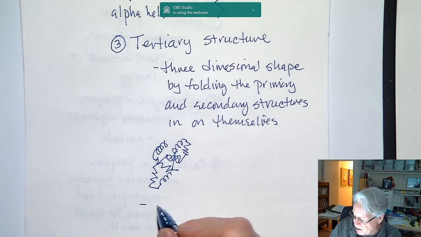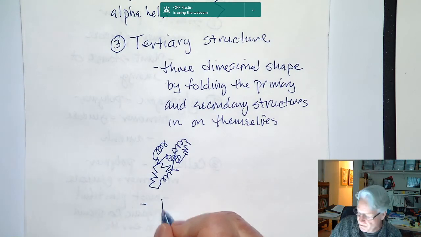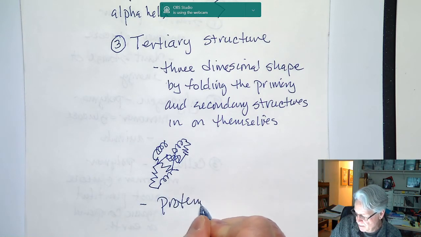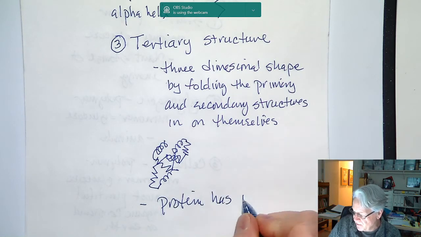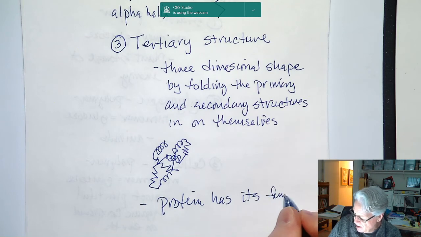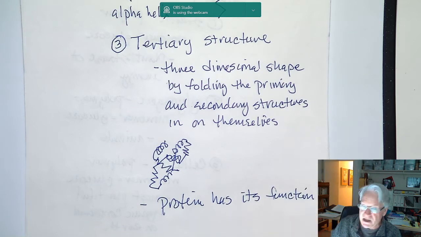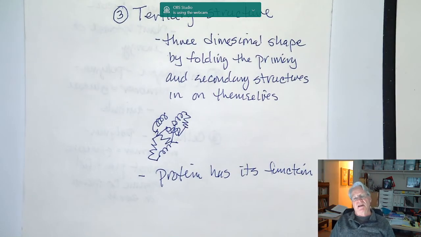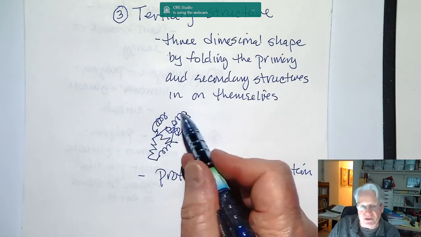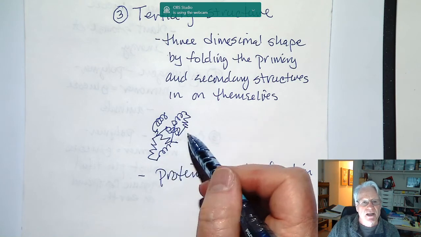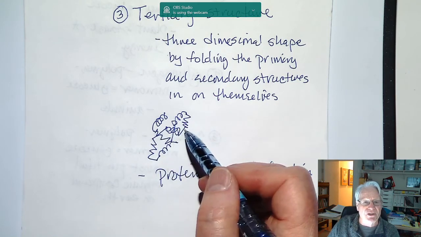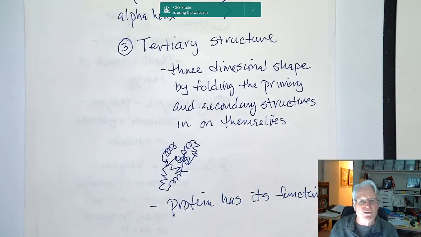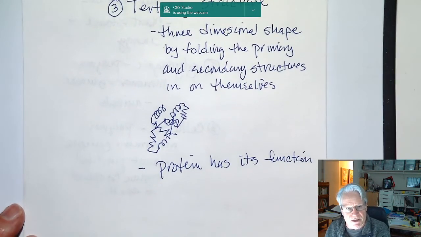And this is where the protein has its function. It's at this level that we see the actual function of the protein emerge. What is that protein going to do? What job does it have? It's based on this three-dimensional shape that we see right here. So if you destroy this three-dimensional shape, then you're going to lose the function of that protein.